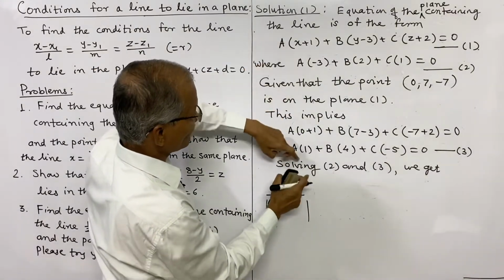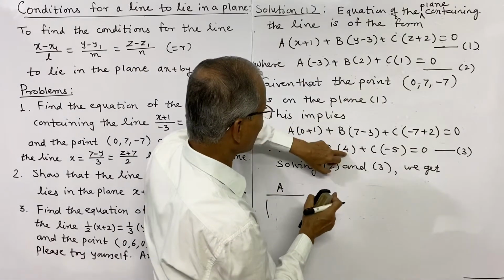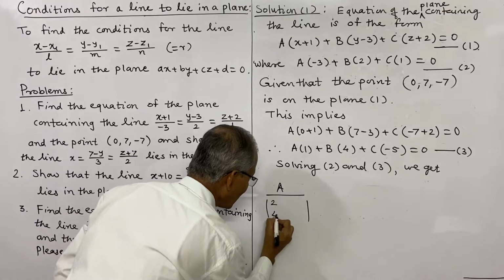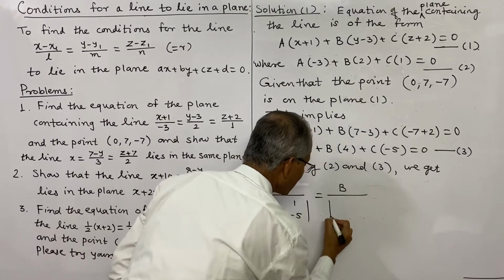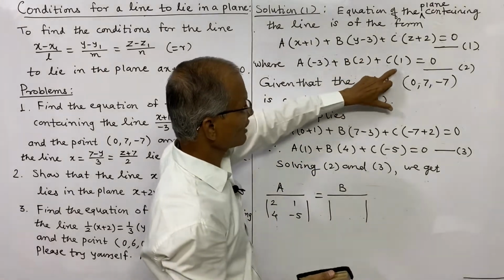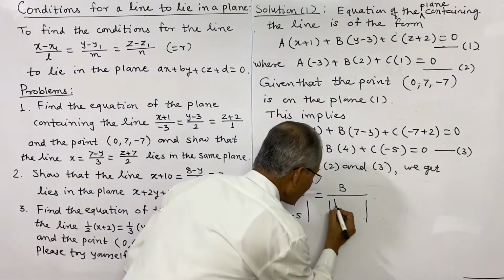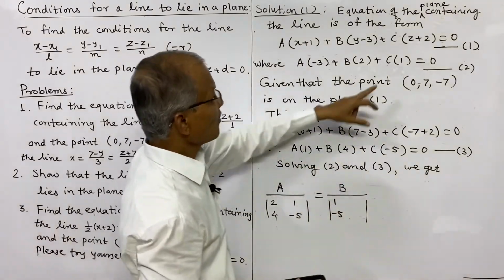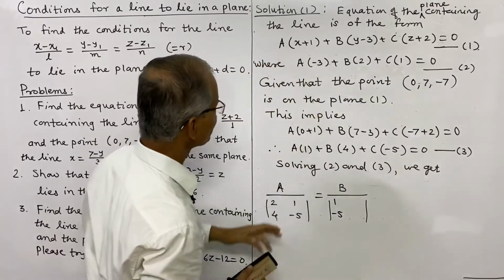For A, hide the column of A and write the coefficients of B, that is 2, 4, and then 1, minus 5, column wise. This is equal to B, and for the determinant of B we have to hide the B column and write this column first, 1 minus 5, otherwise we have to write a negative sign here, 1 minus 5 and then minus 3, 1.